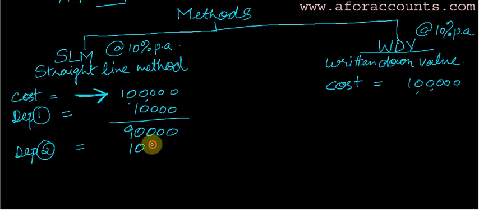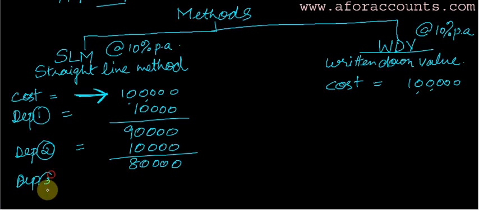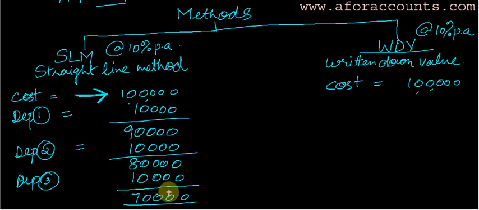So again deduct 10,000 in the second year, and depreciation for the third year will be again 10% of the cost, that is again 10,000, and the value of the asset will be 70,000 after the end of the third year. This is how we calculate it.